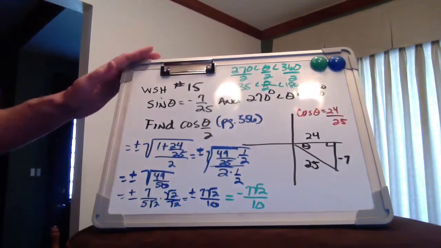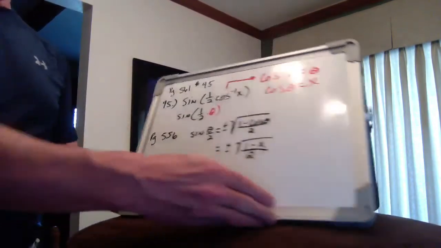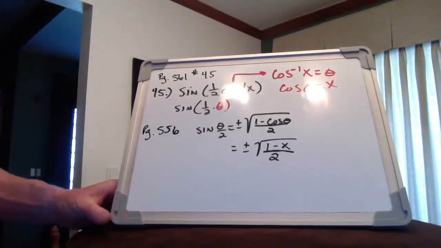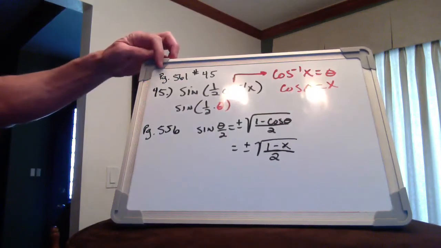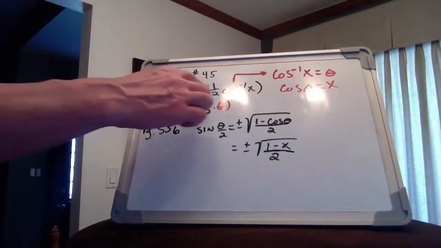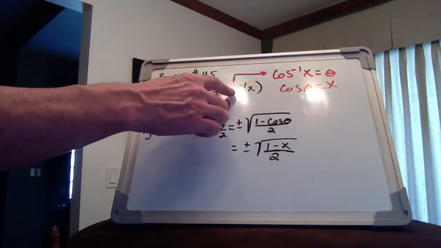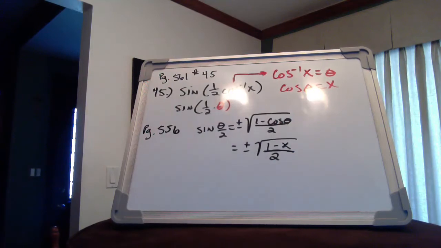So that is one problem from your worksheet. Now, you also have book work to do. What I'm doing here is showing page 561, number 45. This is the original problem here, sine of one half inverse cosine of x. You want to read the instructions. The instructions say that they want the answer in terms of x.